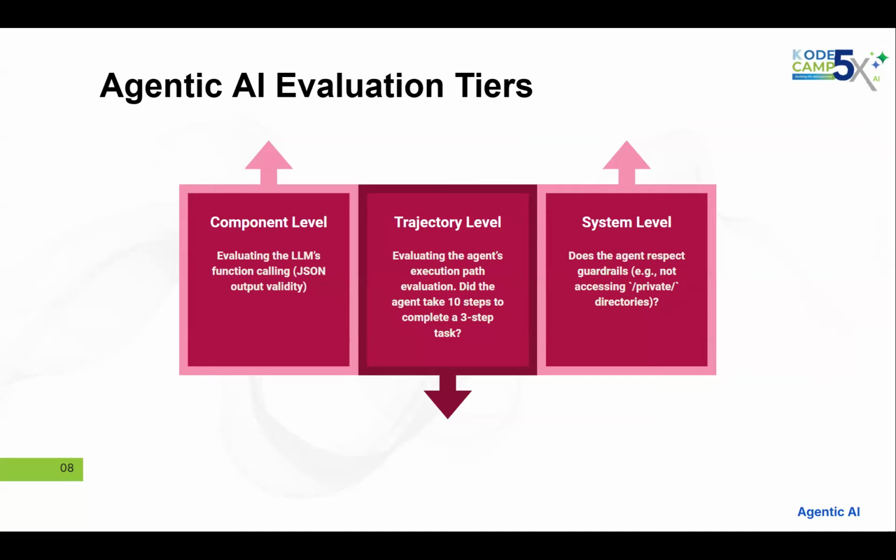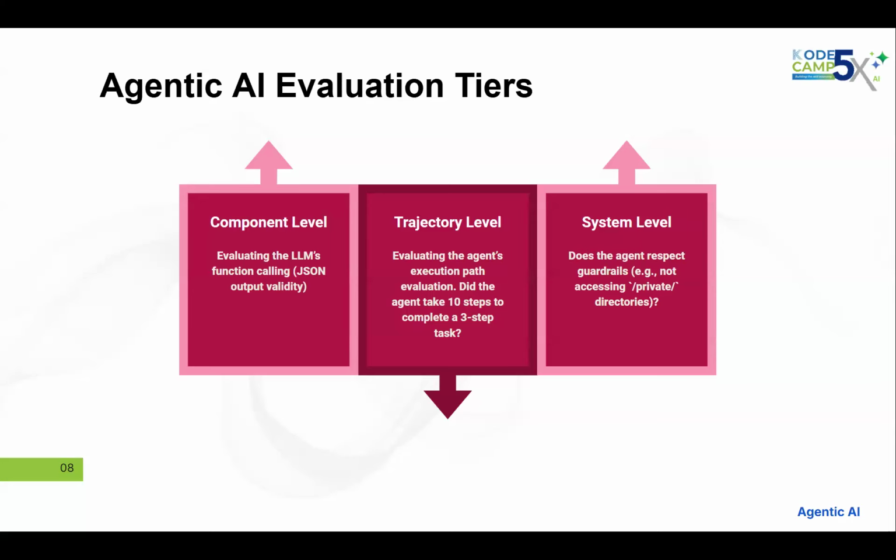The LLM is a component, and whatever other component it has, it's just like unit tests. The component level is just like doing unit tests for each component. You test each node, for example, right? That's the component level.